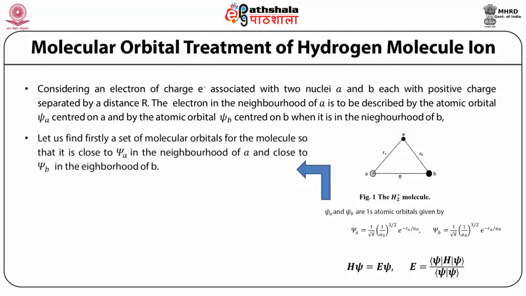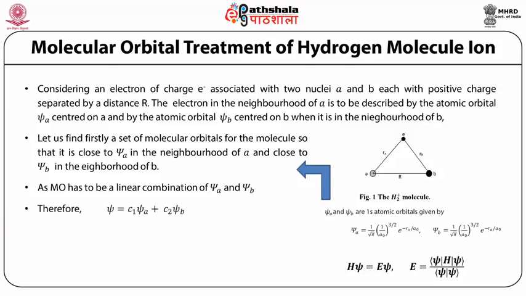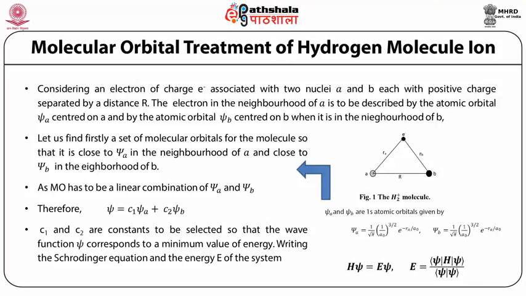Let us find firstly a set of molecular orbitals for the molecule so that it is close to psi A in the neighborhood of A and close to psi B in the neighborhood of B. As the molecular orbital has to be a linear combination of psi A and psi B, the wave function psi is written as equal to C1 psi A plus C2 psi B. C1 and C2 are constants to be selected so that the wave function psi corresponds to a minimum value of energy.